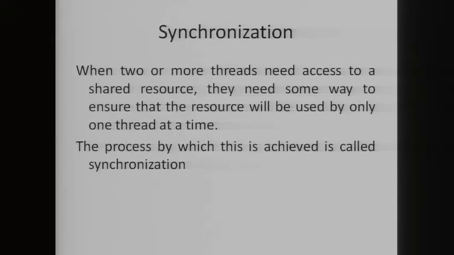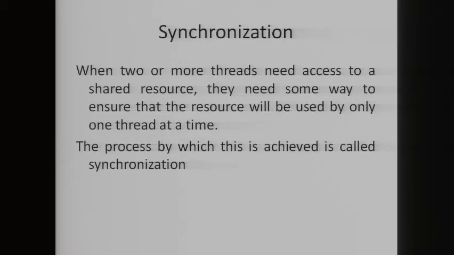So far we have been discussing multi-threaded programs, and when we have multi-threaded programs, at some point we may come to a situation where multiple threads try to access the same resources and finally produce erroneous and unforeseen results, right?